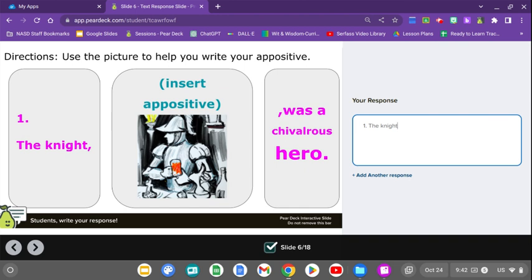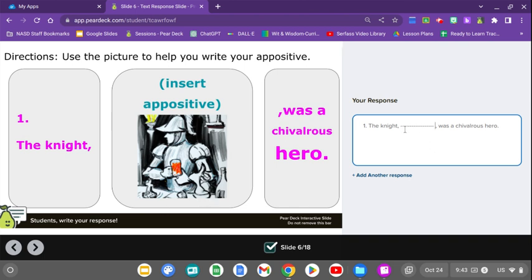And then there's a comma. And then it ends with was a chivalrous hero. Period. So we need to come up with the information in the middle. Using this picture, I see a knight, I see he's wearing armor, and I see that he's drinking some drink there.